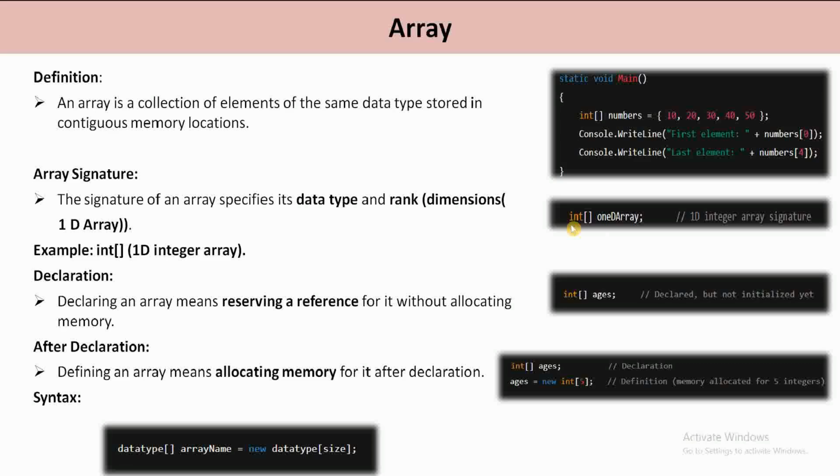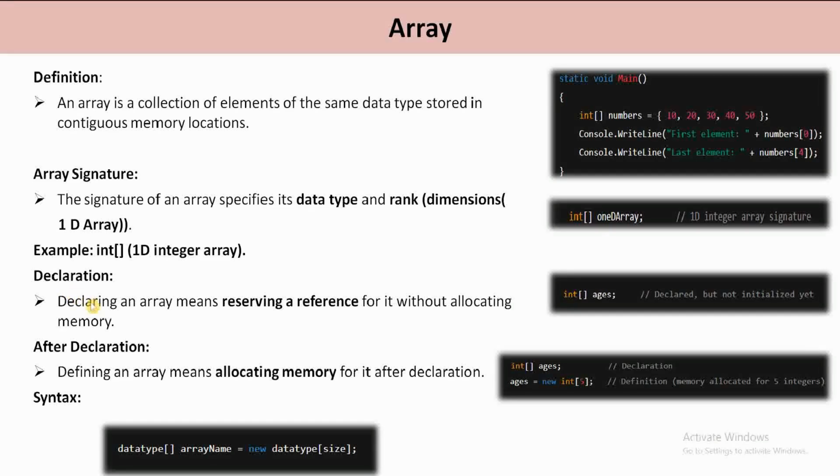Here we are using only a one dimensional array. So this is the syntax or signature of a one dimensional array: integer, square brackets, then array name. So this is the array signature, data type and 1D array. Here is the example of this.